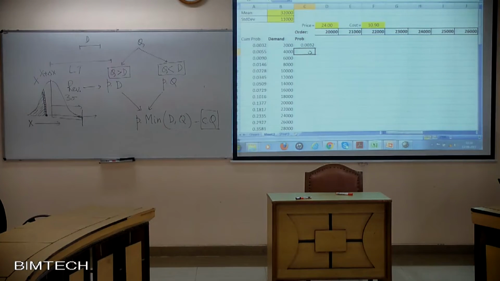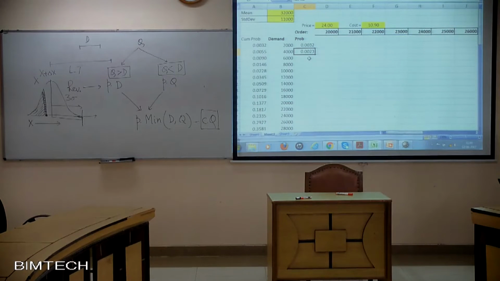The next probability is the range 2000 to 4000. Okay, and that cumulative till 4000 is 0.055, and I subtract cumulative till 2000, I subtract that value, and the difference that I get, in our case 0.0023, this difference gives me approximately the probability that the demand is equal to 4000.